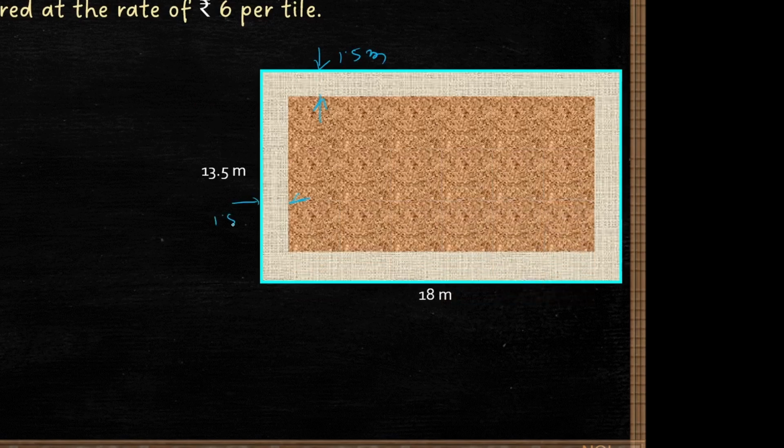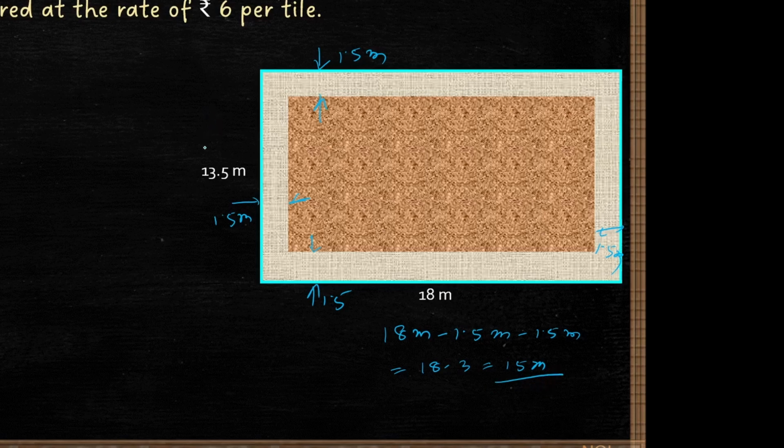This is 1.5 meter, and this is also 1.5 meter, and here also this is 1.5 meter. The length of the tiling is 18 meter minus 1.5 meter on the left and 1.5 meter on the right. So this will be 18 minus 3, so this is 15 meters. So total length of tiling will be 15 meters.